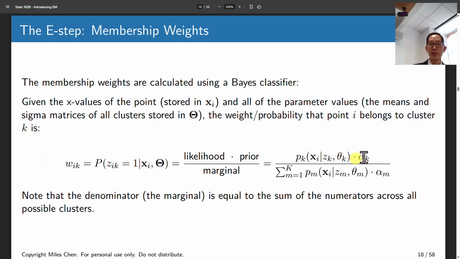The prior is going to be your vector alpha k, which is how many values are assigned to cluster 1, cluster 2, and cluster 3. And then the marginal is basically the sum of the numerator across all possible classes.